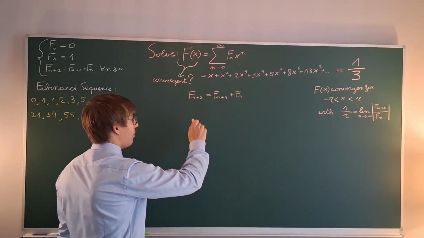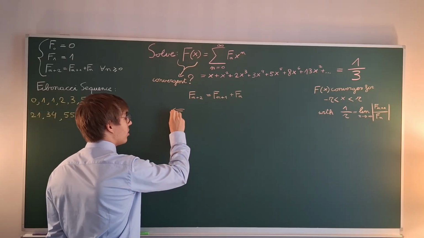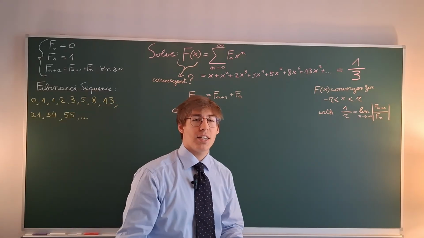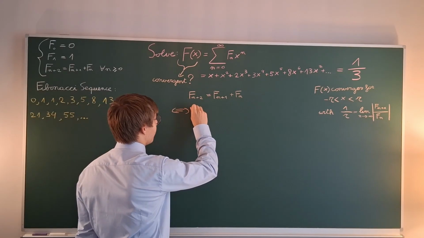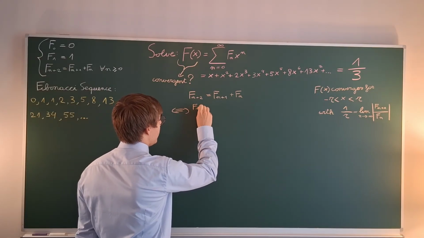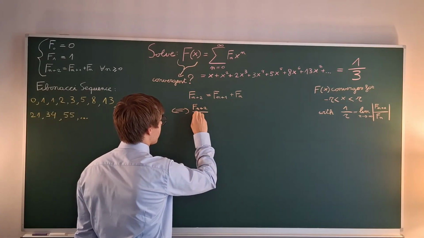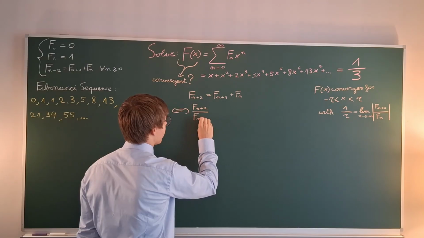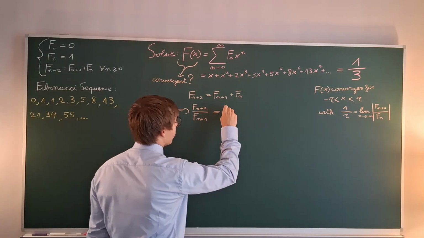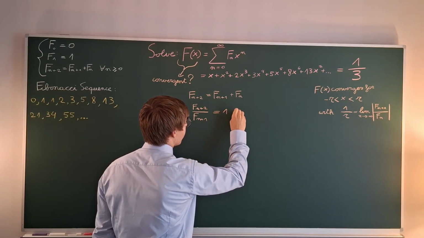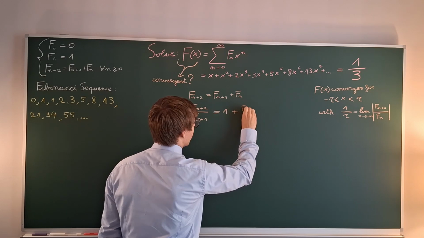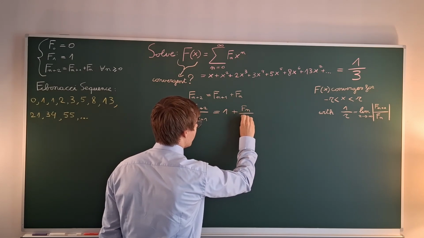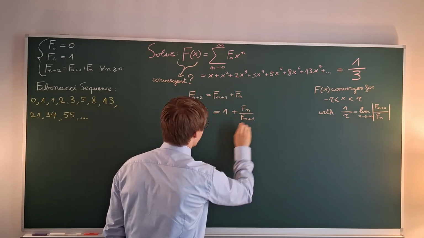So we know the definition of Fibonacci, so we can now divide both sides by f(n+1). That means f(n+2) over f(n+1) is equal to 1 plus f(n) over f(n+1).